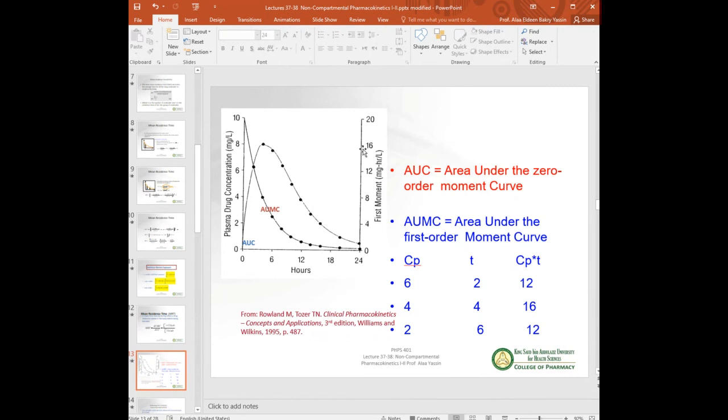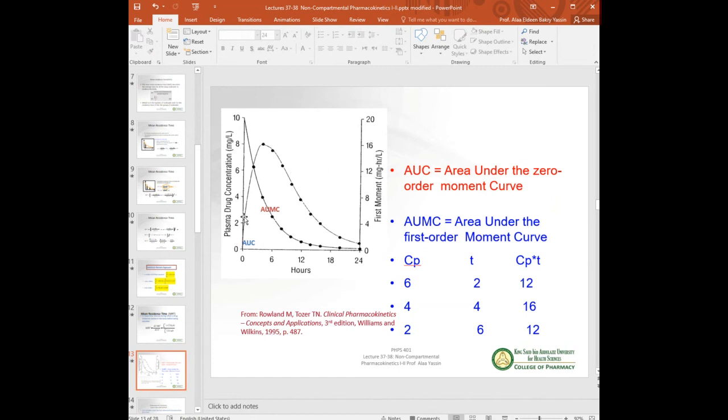Again, after 6 hours, it should be 12. 6 hours here, 6 by 2 gives rise to this point, 12 again.